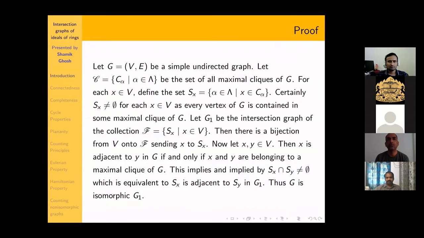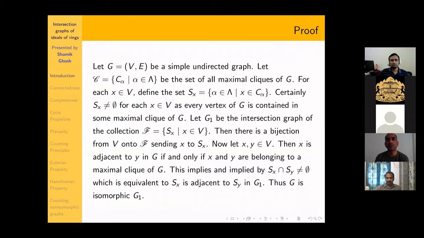So let us see the proof of this result. The proof is very simple. Suppose you start with a simple undirected graph, and you collect all the maximal cliques of the graph G. Suppose this collection is script C, that is, the collection of C alpha, where alpha belongs to lambda.